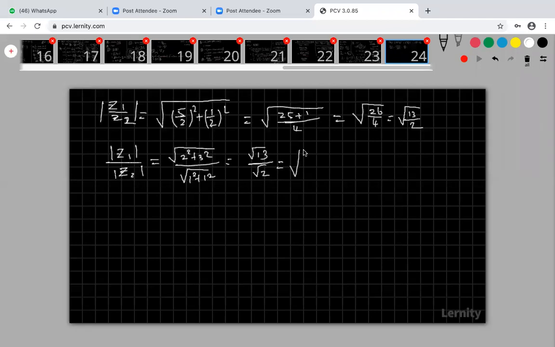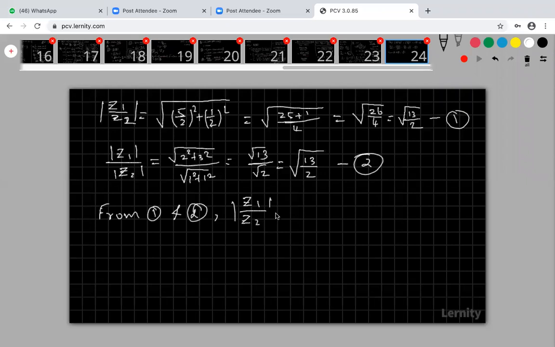This can be written as root of 13 by 2. So look at that, from 1 and 2, I am getting the same answer: modulus of Z1 by Z2 equals modulus of Z1 divided by modulus of Z2.